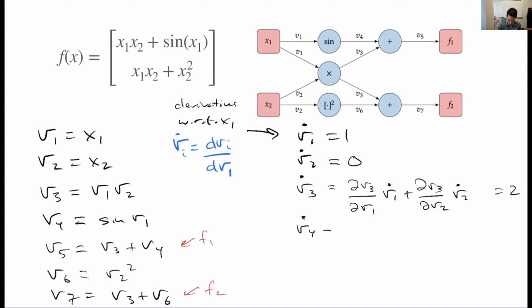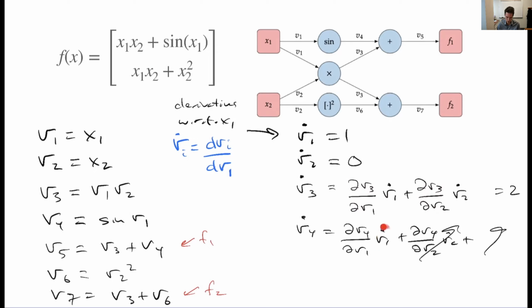v4 dot, same thing. It's going to be the partial of v4 with respect to v1 times v1 dot plus the partial of v4 with respect to v2 times v2 dot plus, and it goes on, right? We go with respect to v2, with respect to v3, but in this case, it only depends on v1, so those are all 0. So again, every line, I'm going to be doing the same thing.